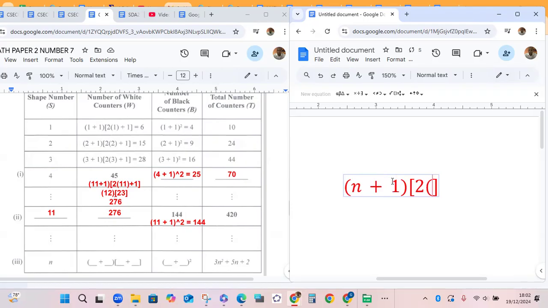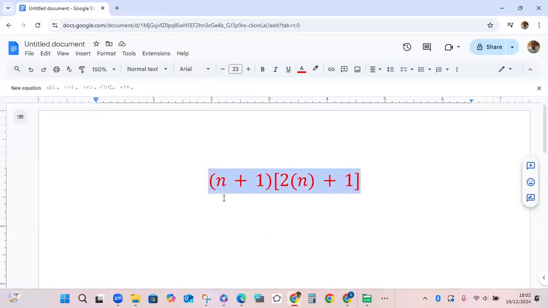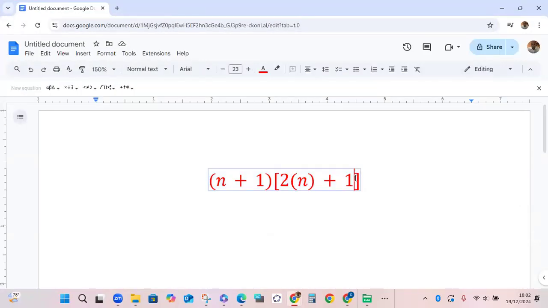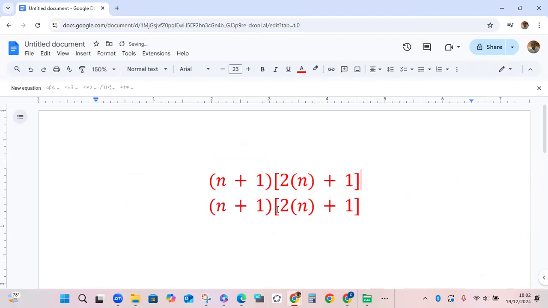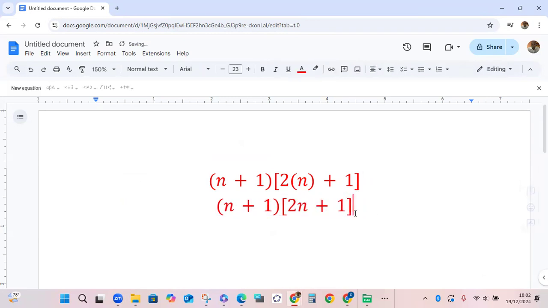Open a curve bracket and put N, close bracket, and put a plus 1, close square bracket. So let us simplify this expression. What we're going to have is N plus 1, that times 2N plus 1.